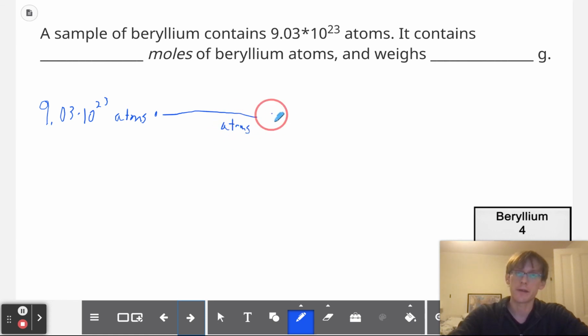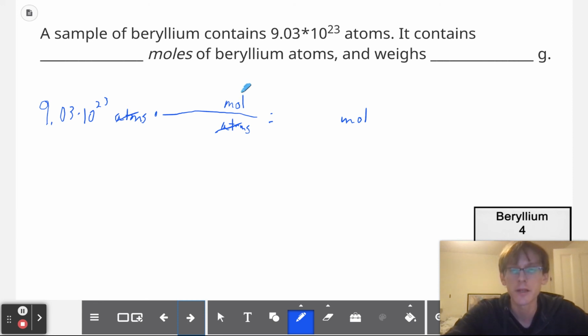And what are we trying to find? Well, we're trying to find moles of beryllium atoms. So I'm going to put moles here. And the moles needs to be therefore on the top. So our atoms and our atoms cancel out, and the only unit that we're left with is moles.